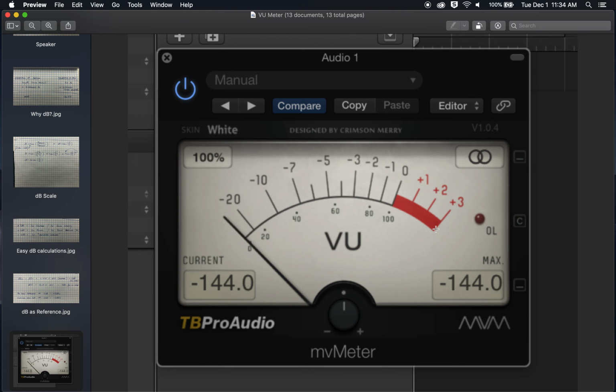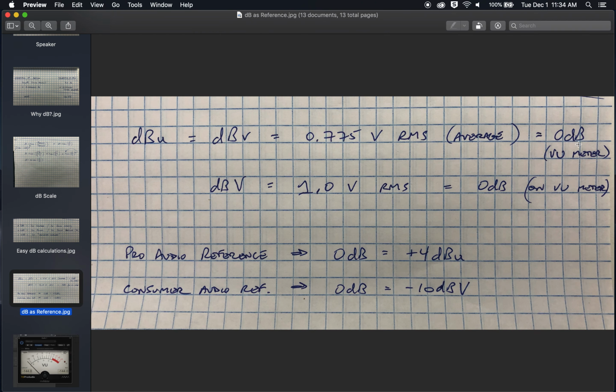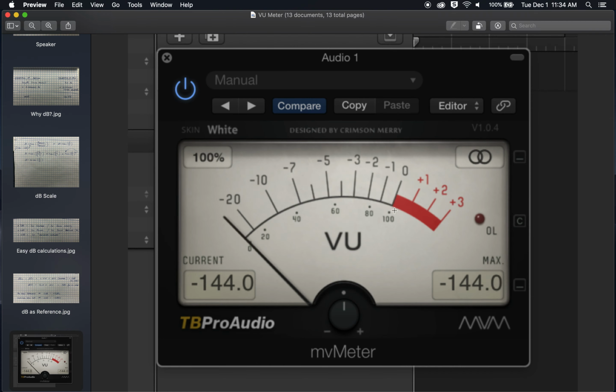So there is still a range in the red, and that's because at 0 dB on our VU meter, we're only at 0.775 volts, which is plus 4 dBu. So we still have a little bit of headroom, and that's why 0 is calibrated to not quite a volt, because we still have at least 3 dB of headroom before we would hear distortion. So this is a pretty old style meter, these VU meters.